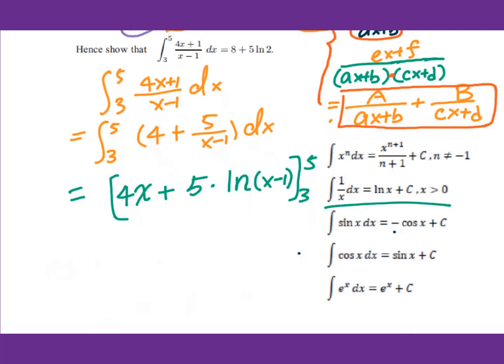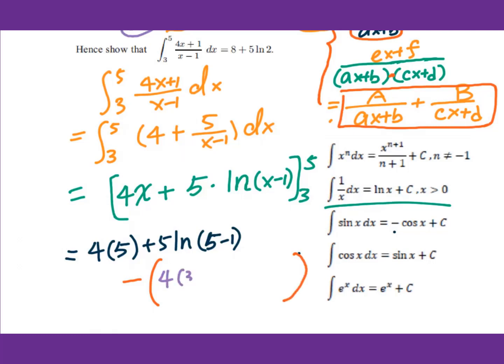Now we plug in 5 first. 4 times 5 plus 5 natural log of 5 minus 1. Then minus, don't forget the parentheses here. You plug in 3. You will get 4 times 3 plus 5 times natural log of 3 minus 1.